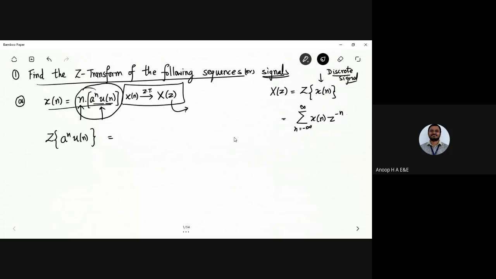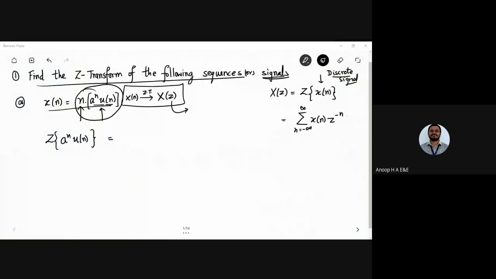I think depending on that, you can understand and let me know whether it is a right-handed sequence or a left-handed sequence. Yes, class? Can anyone let me know?